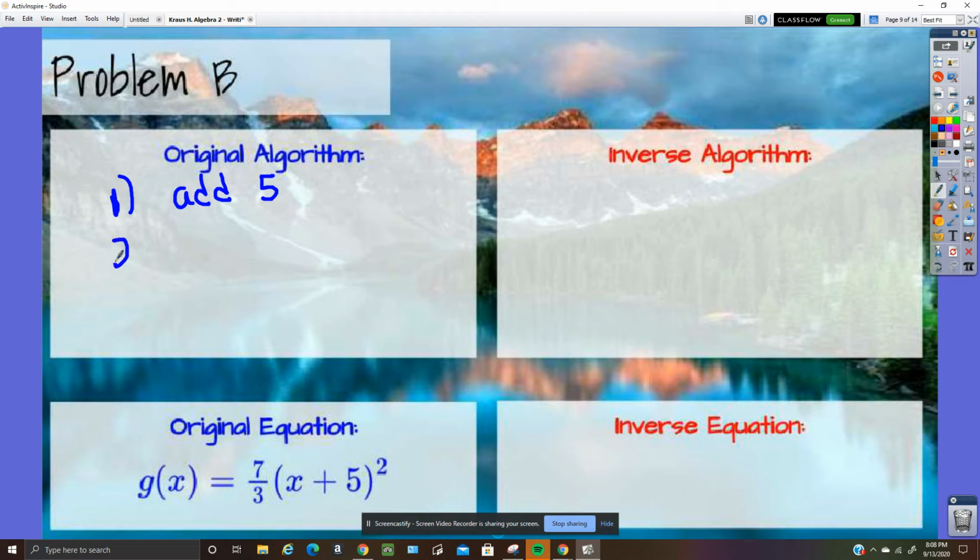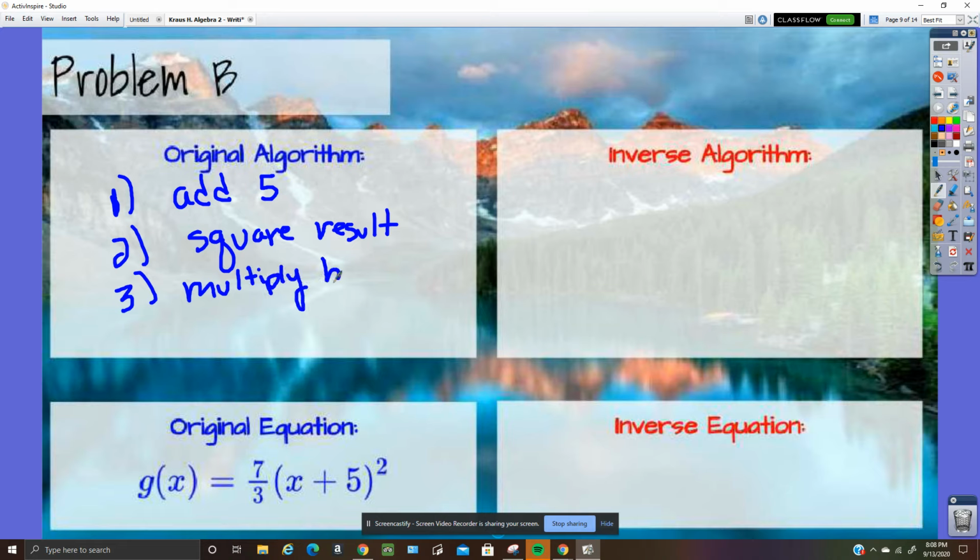And then second, square. And then multiply by 7/3.